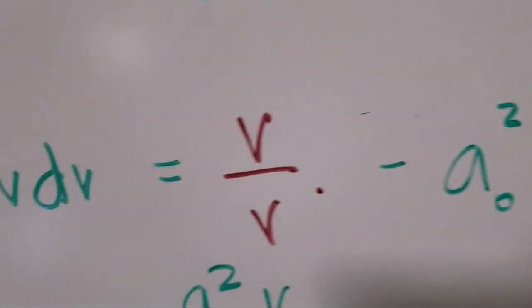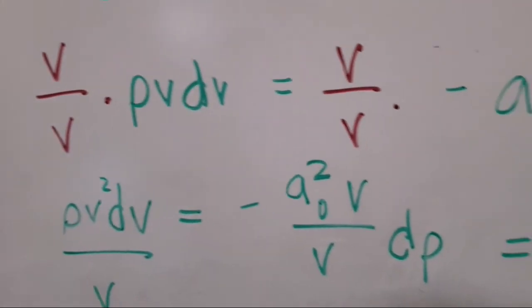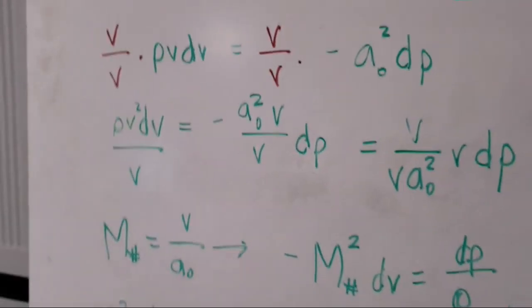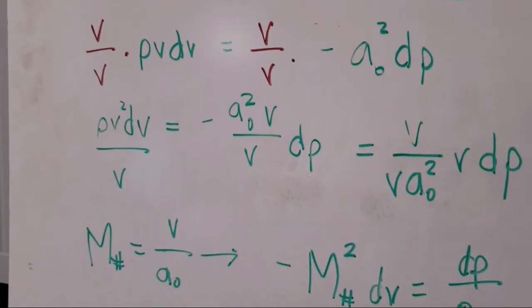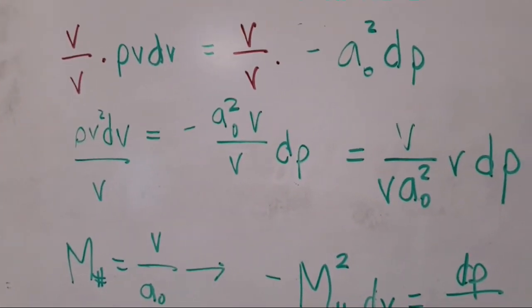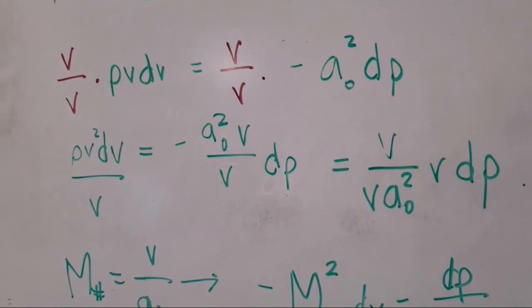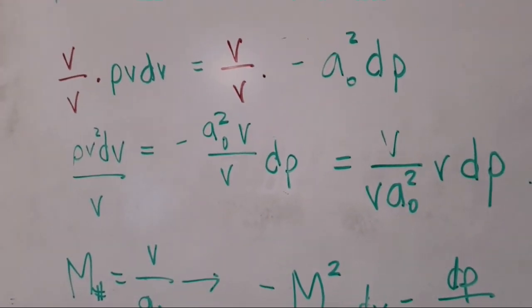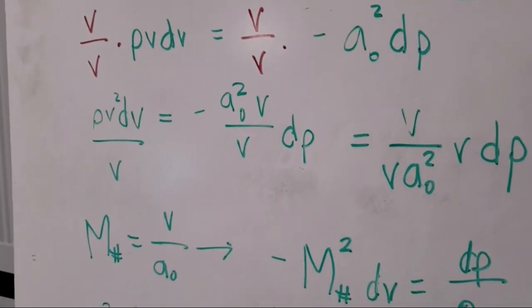Then multiplying by V over V, or simply just 1, basically just converting the equation, we end up getting this down here. And I'm not going to say all that, but these are what the equations are. And so once you do that, something interesting has happened here.